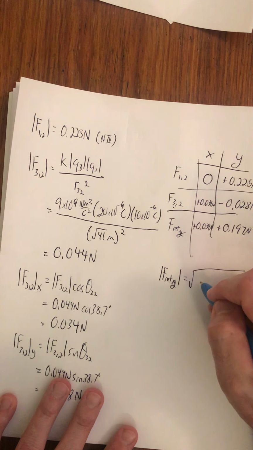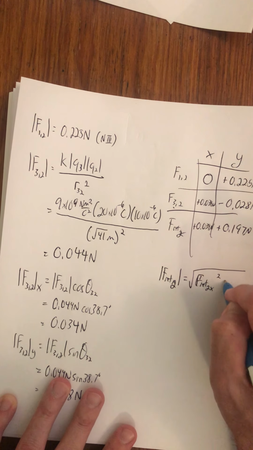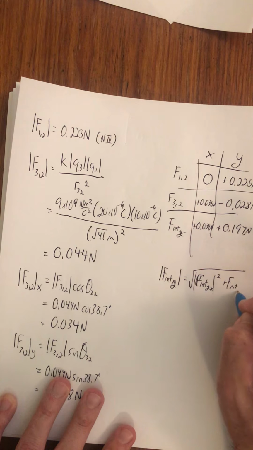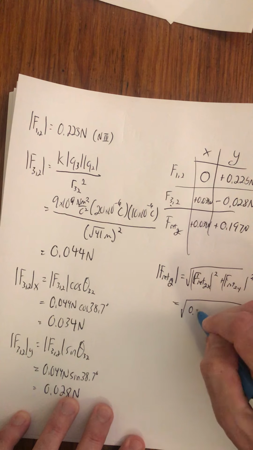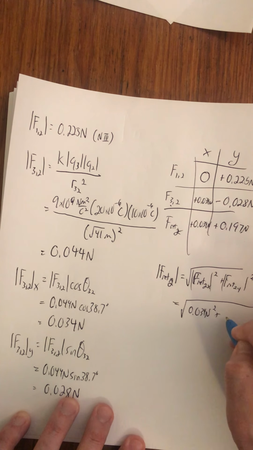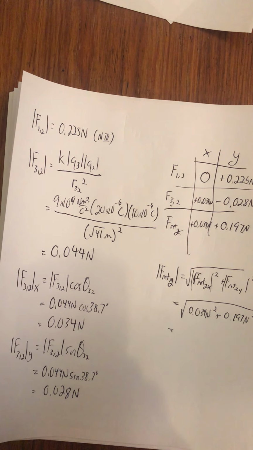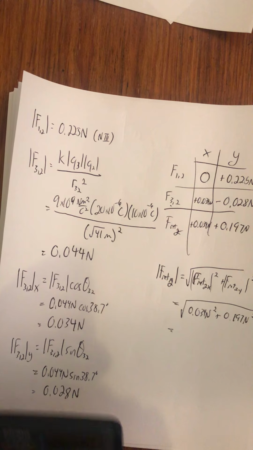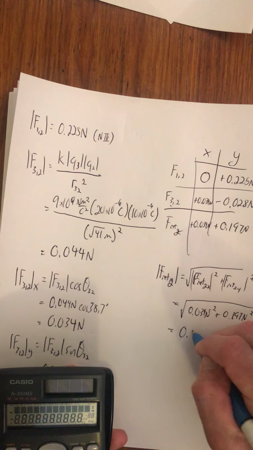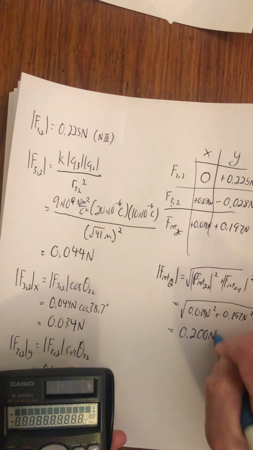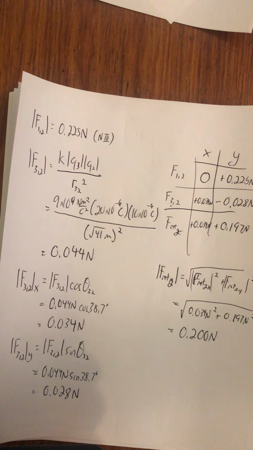It's the square root of the F net 2x magnitude squared plus F net 2y magnitude squared, so plug it in: 0.034 newtons squared plus 0.197 newtons quantity squared. Throw that in your calculator, and this pretty much comes out to 0.200 newtons. It's actually 0.19999, so to 3 sig figs, that's what we got.